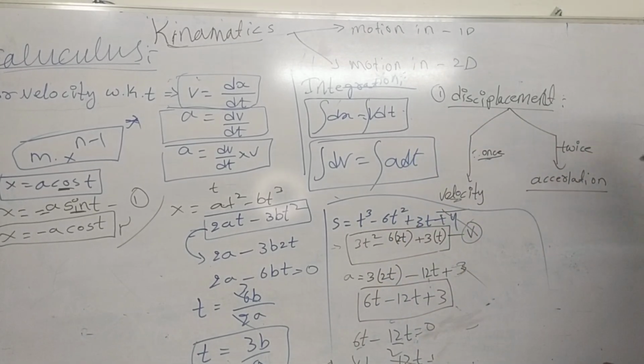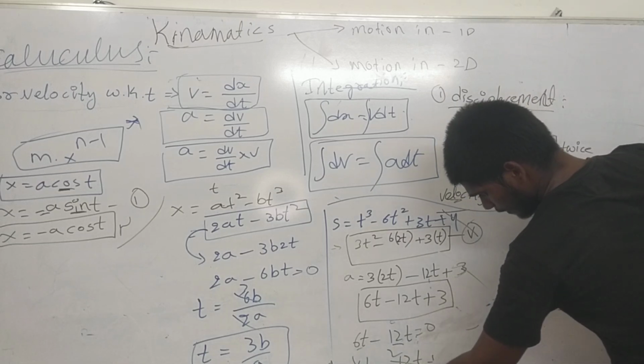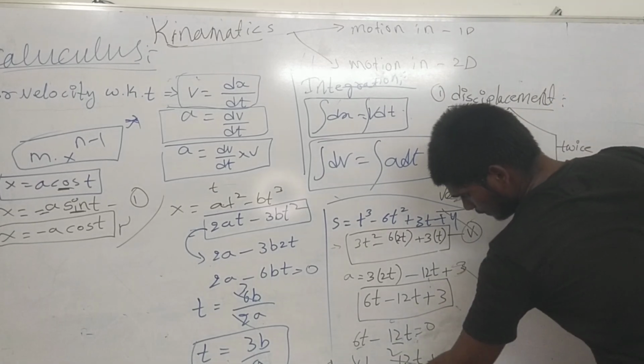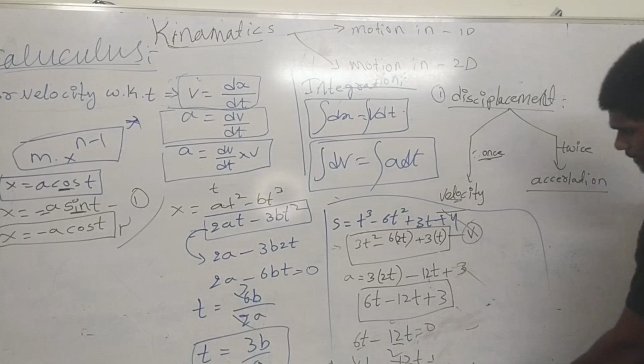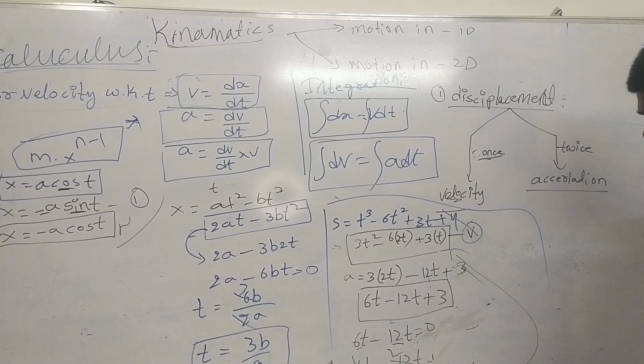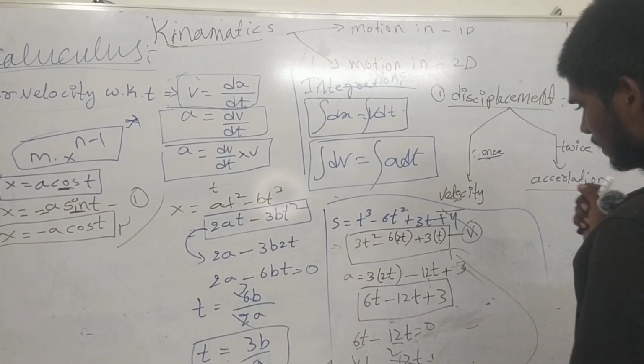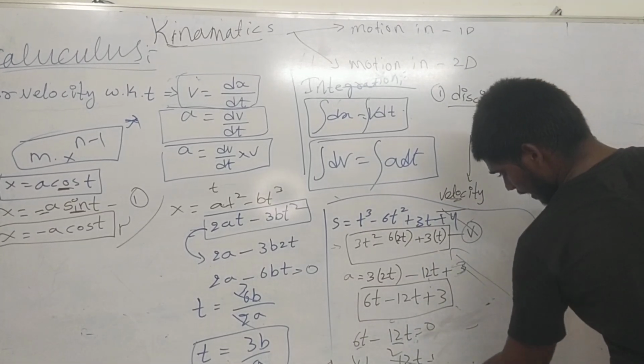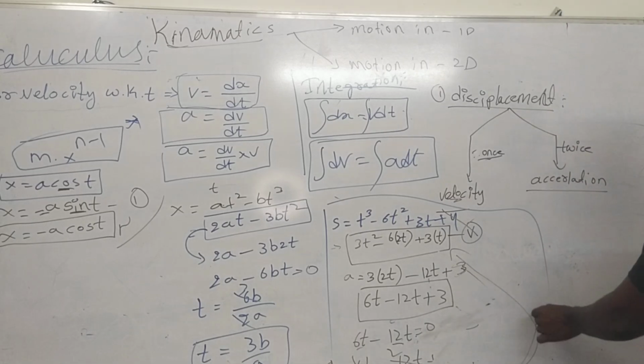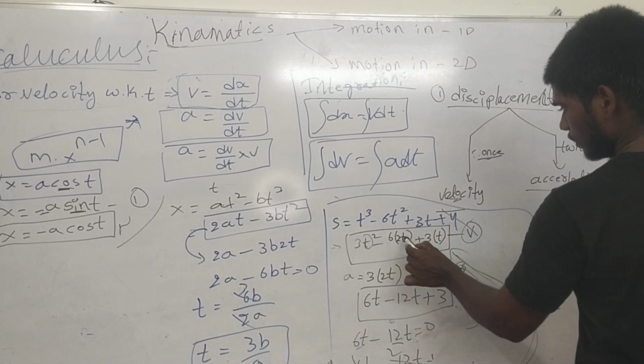At the 2 seconds, the acceleration becomes 0. This 2 seconds, substitute in the velocity equation, the velocity when the acceleration is 0. So at the 2 seconds, the acceleration becomes 0. Substitute these 2 seconds in t.